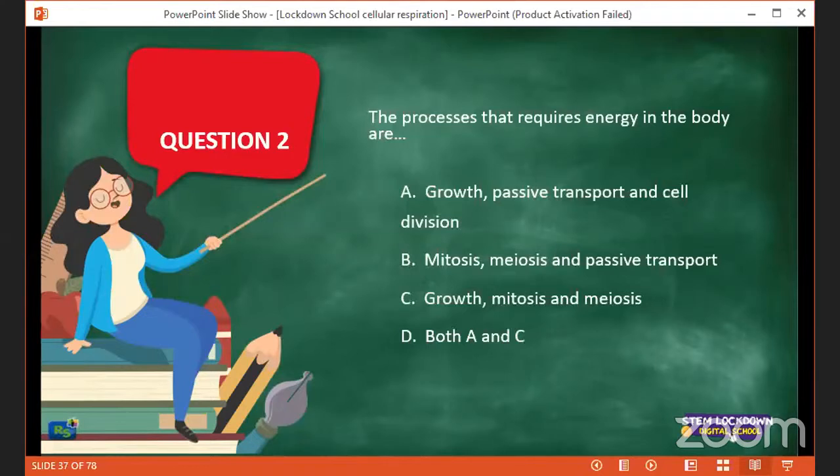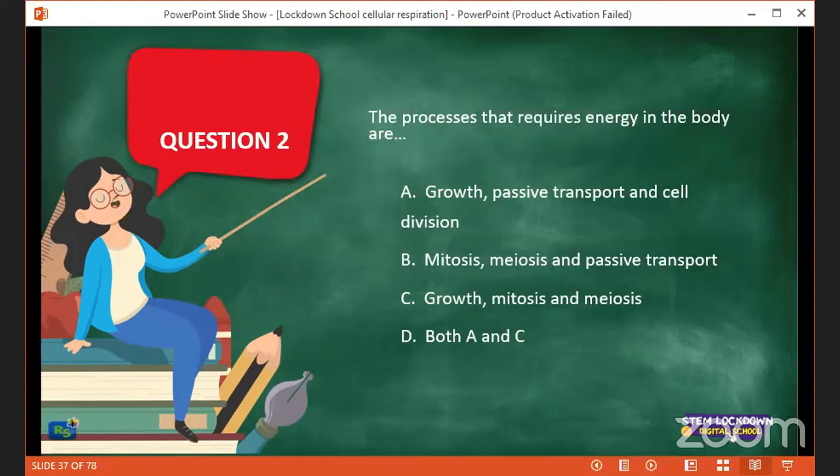So your options again: A, growth, passive transport, and cell division. B, mitosis, meiosis, and passive transport.